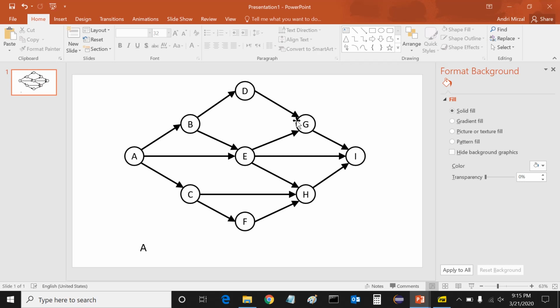We cannot really return back to B. The same with C. We start with C, we cannot return to C. So after we check again and again, we will know that this really is a DAG, the directed acyclic graph. So that means we can apply the topological sort to this graph.